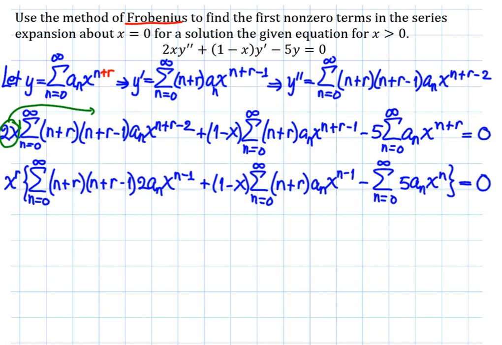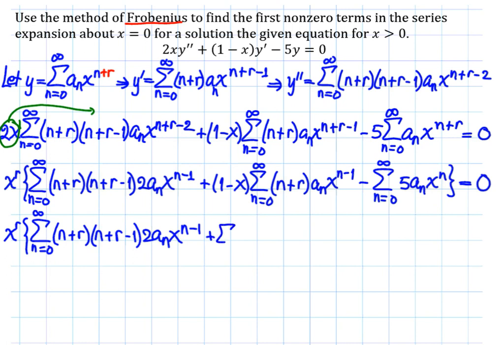Next, I just multiply the 1 minus x here into that summation. That's the only thing I do on the next step. So x to the r is still on the outside, and then we have the summation of n plus r, n plus r minus 1, a sub n x to the n minus 1. Multiply by 1 itself, so that's easy.